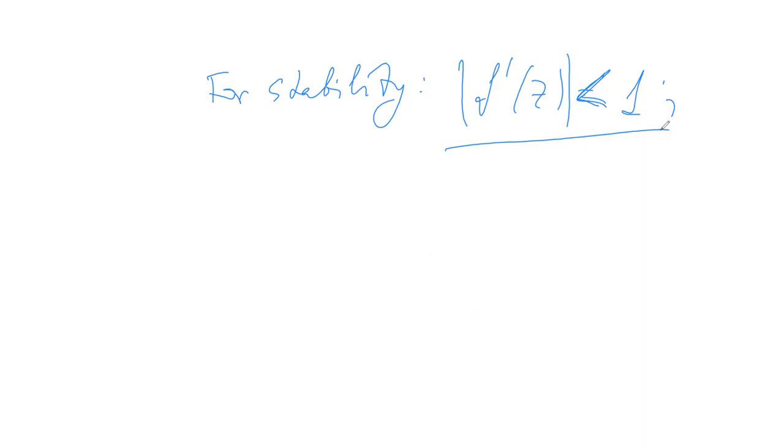There is some difference here. The derivative of a real function was a real function, and then we can say this is indeed less than 1. But f prime of z is a complex number.